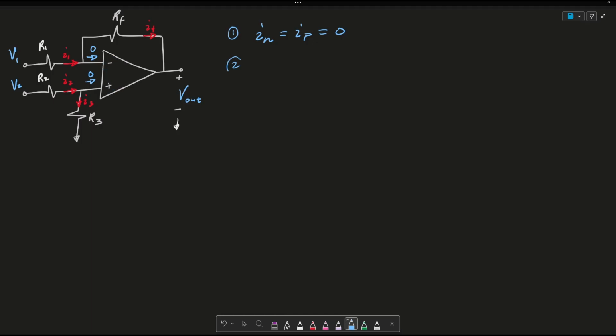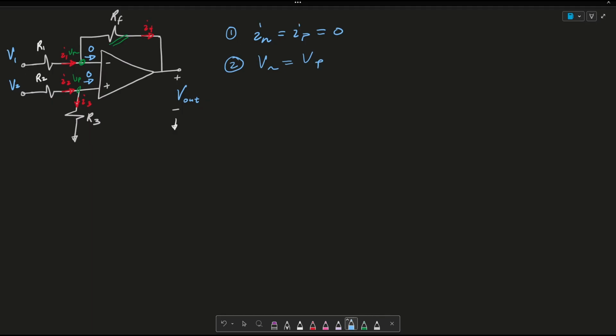The second thing we can note is that for an inverting ideal op amp with a feedback resistor connected to my inverting terminal right here, we can say that Vn is equal to Vp.